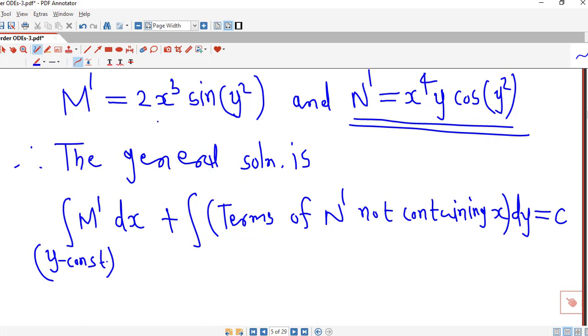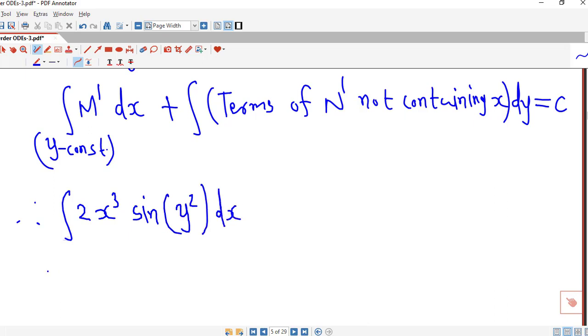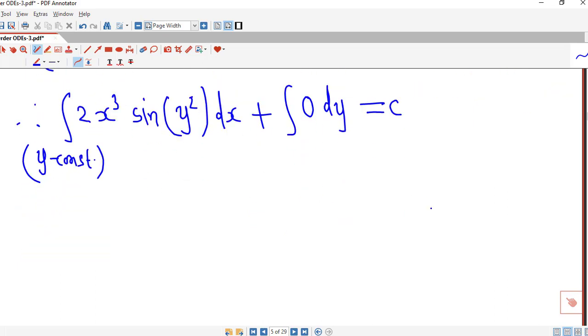M dash is 2x cube sine y square. Therefore the integral of 2x cube sine of y square dx, where we consider y as constant. There is no term in N dash free from x, so we write 0 equal to c.